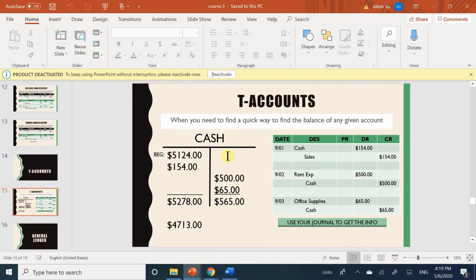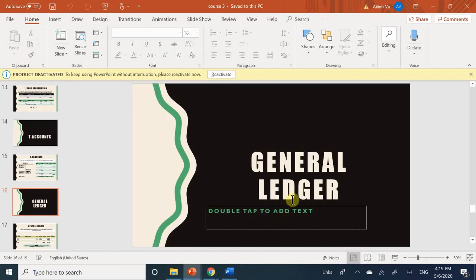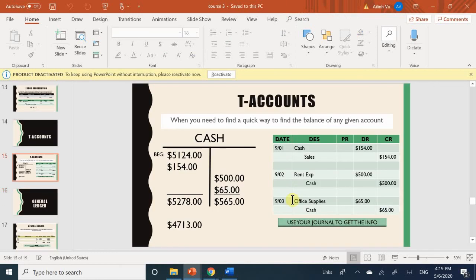So for example, here I have a total of 4 transactions, and I used cash for all 4 of them. Now I started with $5,124, and here we recognize that we earned money, we spent money, and we spent money.